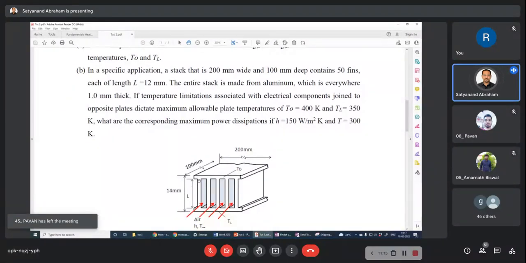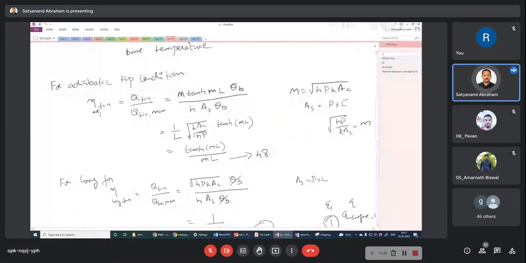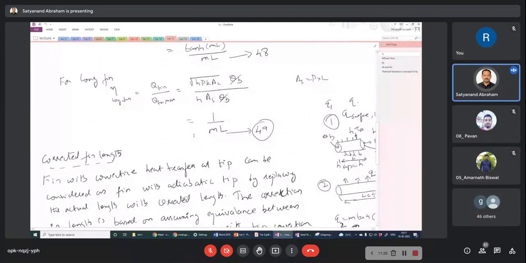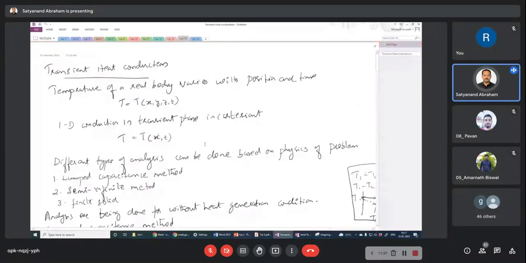Obviously, the depth also we need to consider. And the rest is the free area, or the non-fin area, which we discussed when we covered fin efficiency as well as fin effectiveness. More than fin efficiency, it was the fin effectiveness, right?